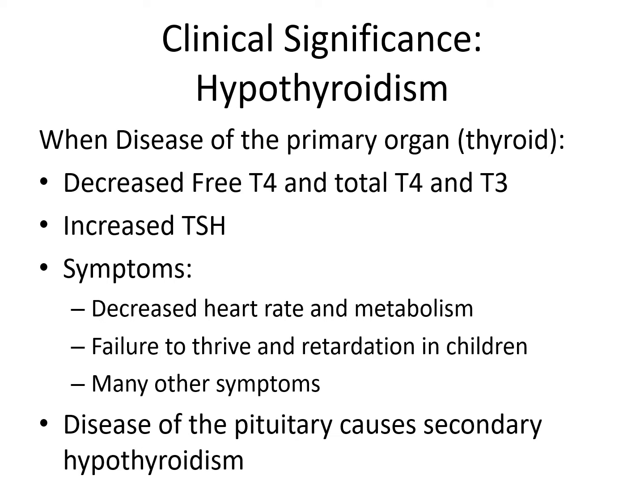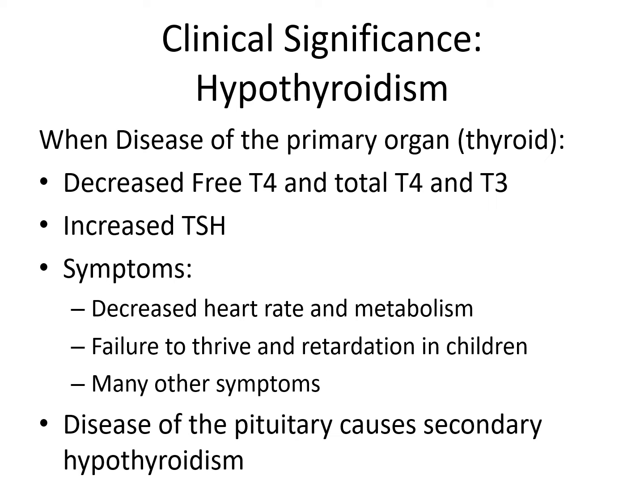All right, so the second condition is called hypothyroidism. This is the opposite of hyperthyroidism. The amount of T3 and T4 is low and the TSH level is high. But even if there is a high amount of TSH, the level of the hormones remains low.